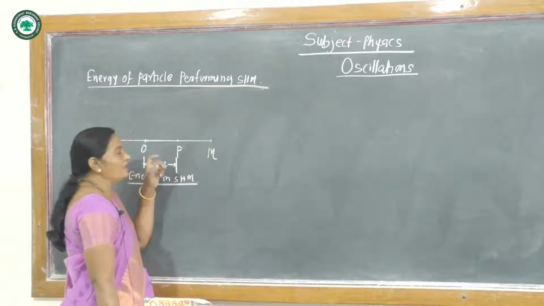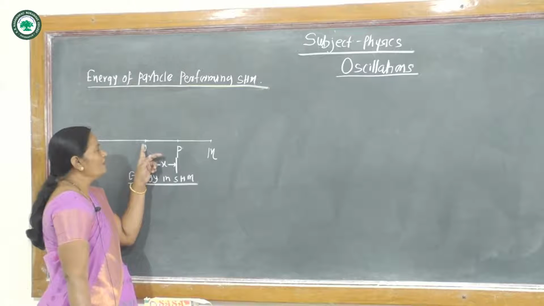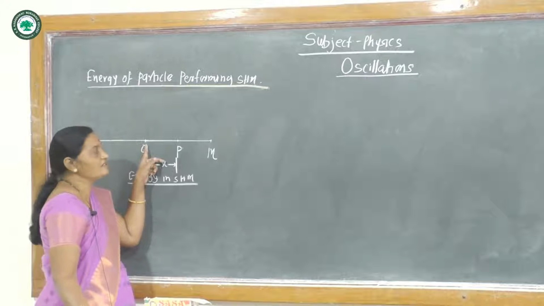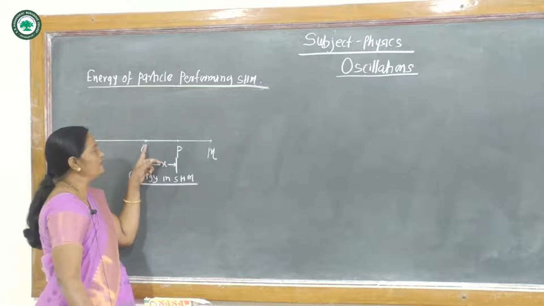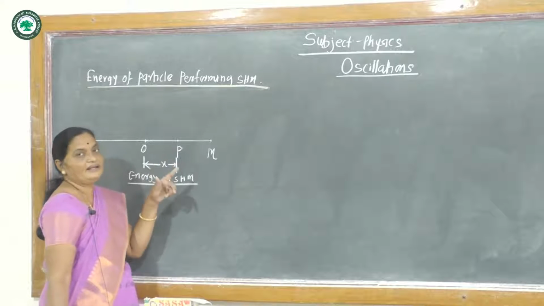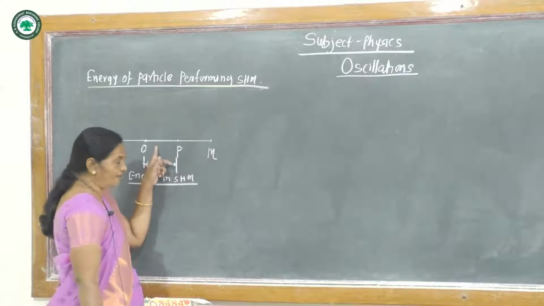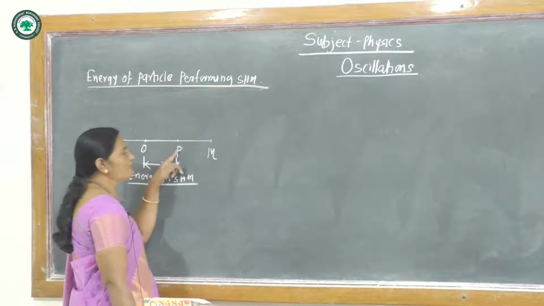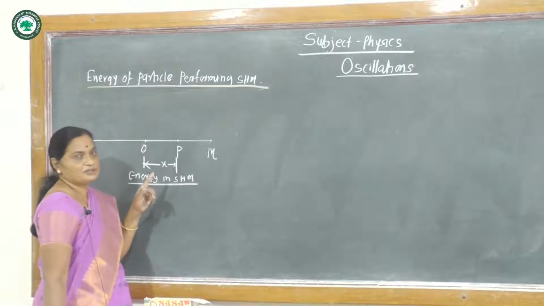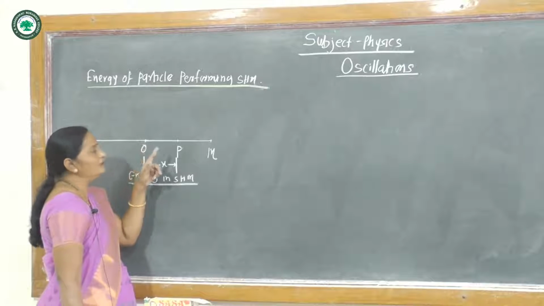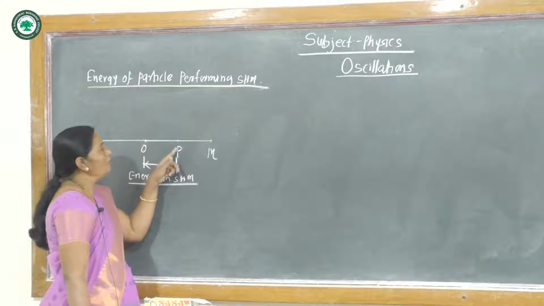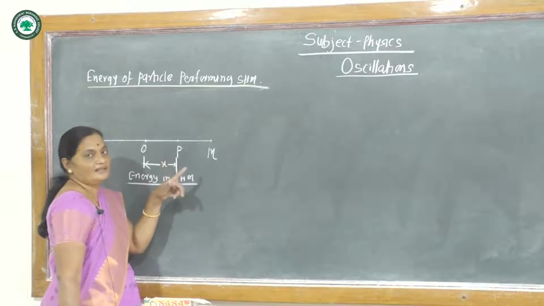So we can say that when the particle oscillates about the mean position, it has energy. It has a velocity, thus it is moving, therefore it has kinetic energy. That is, when the particle performs simple harmonic motion, it has energy due to motion, which is the kinetic energy.